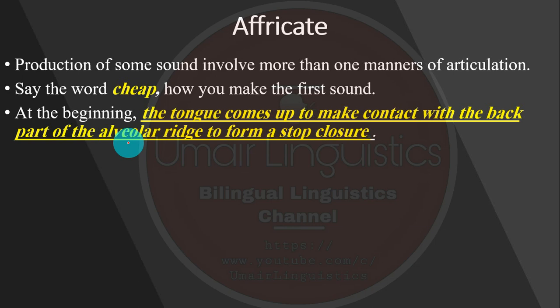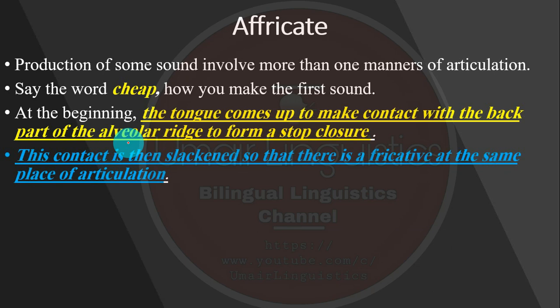When we say ch, ch, first of all the tongue makes contact with the back of the alveolar ridge. Then this contact is slackened, meaning the contact is loose, so that there is a fricative at the same place of articulation.